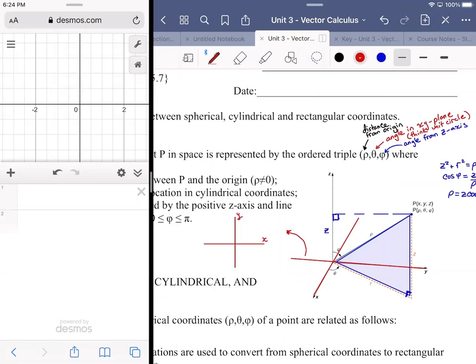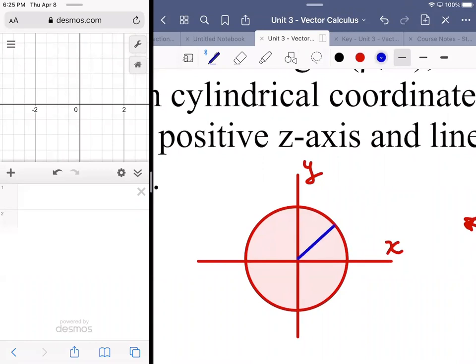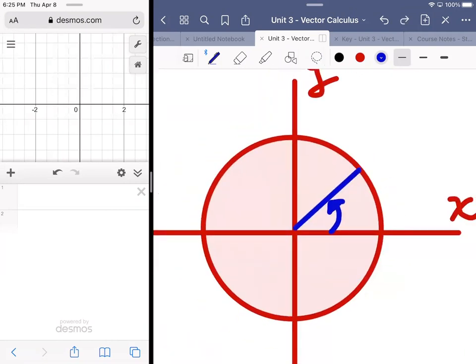Then if I have a circular movement around that coordinate plane, any angle along that circular path, starting at the x-axis, starting at 0 degrees, would be defined as theta. Let me tuck that in a little closer.